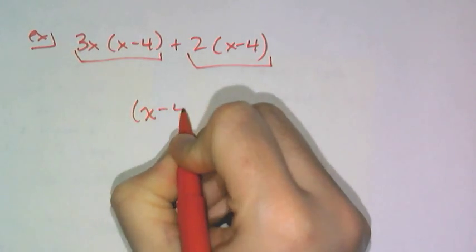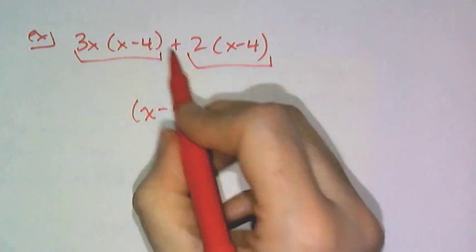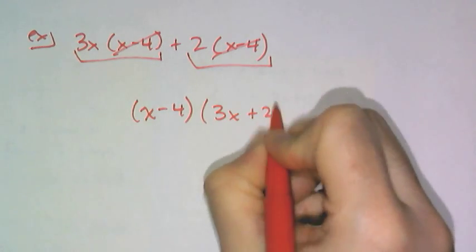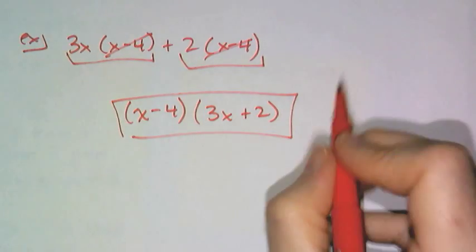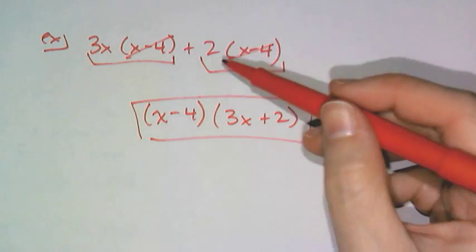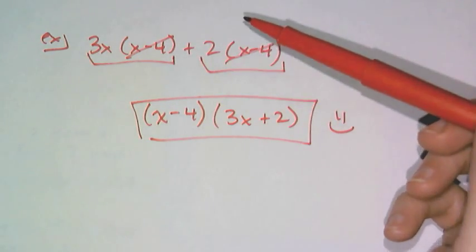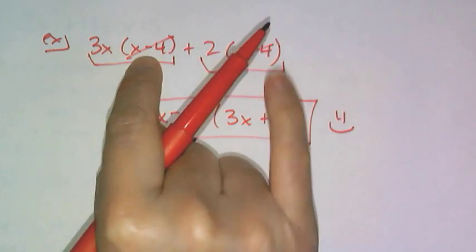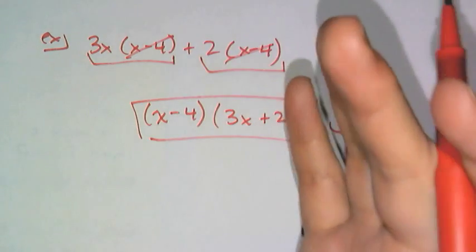So one of my factors was x minus 4, and then I take the leftovers, the 3x and the plus 2, and that makes my second factor. And realizing that your factors can themselves be polynomials is actually a big help. So if you recognize, hey, that's common to both, well, that's the greatest common factor.